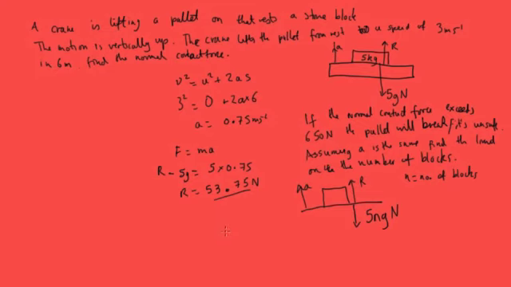It's the same formula, F equals ma, and we still have the reaction force going up minus the weight, and that has to be equal to the mass, which is 5n, because it's the number of blocks times 5, times the acceleration, which we know is 0.75.